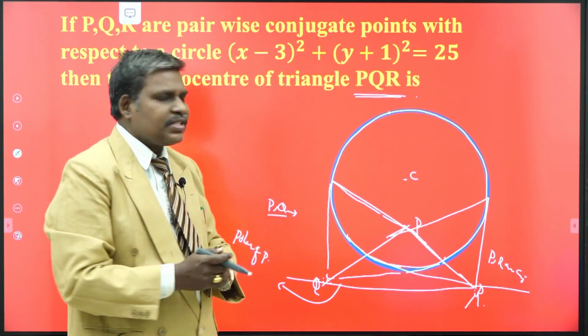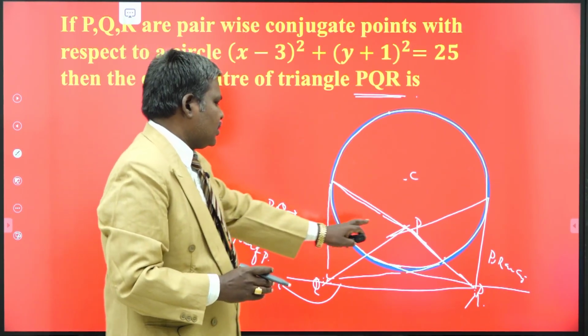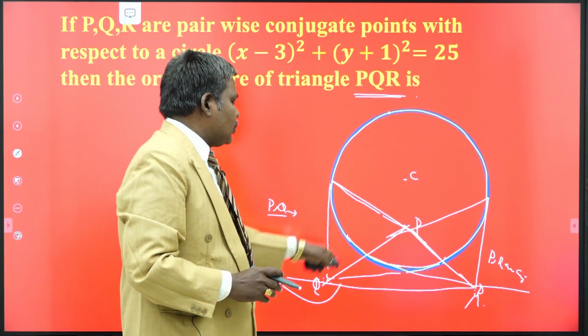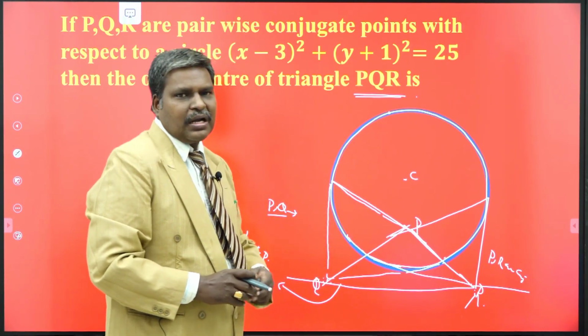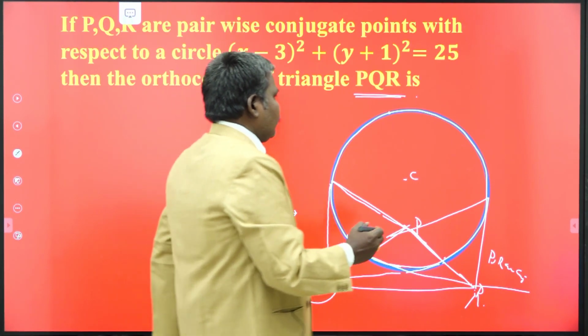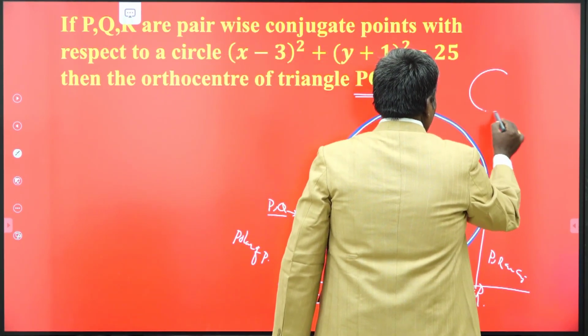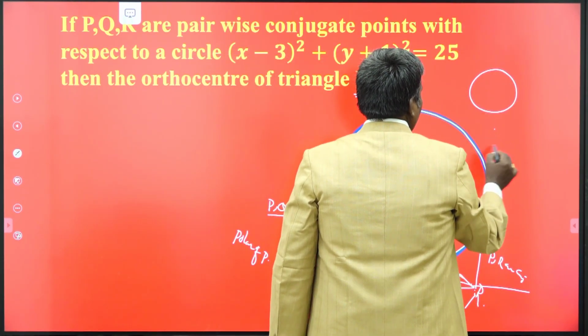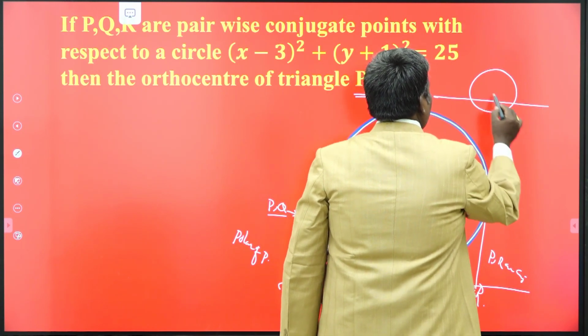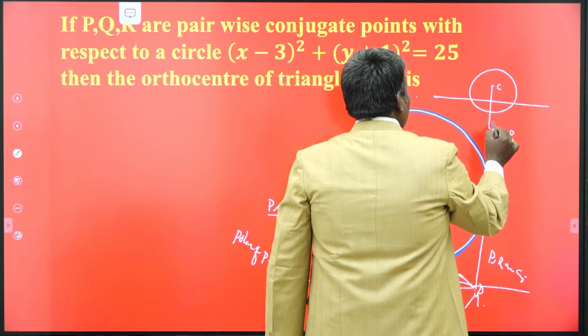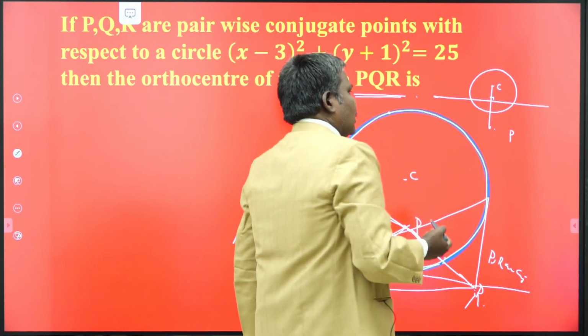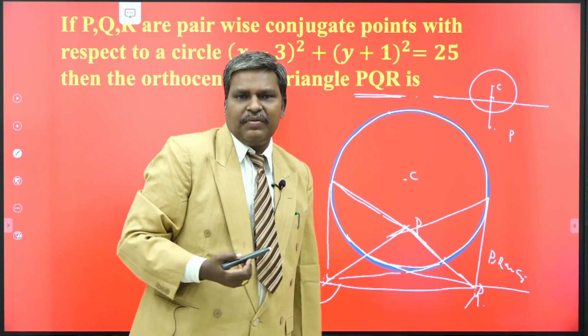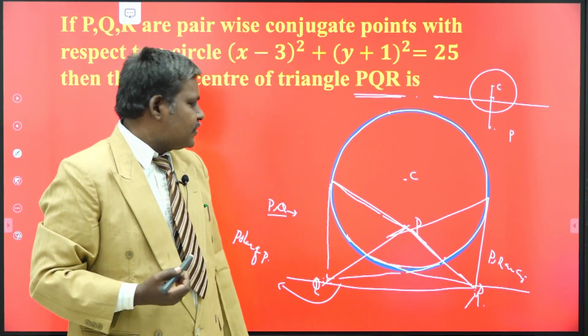So, these are pairwise conjugate points with respect to this triangle. PQ, QR, RP are conjugate to each other. We have one more condition: if it is a circle and this is the point P, and this is the polar of P, then CP is always perpendicular to the polar of P. The polar of P is always perpendicular to the line joining CP.